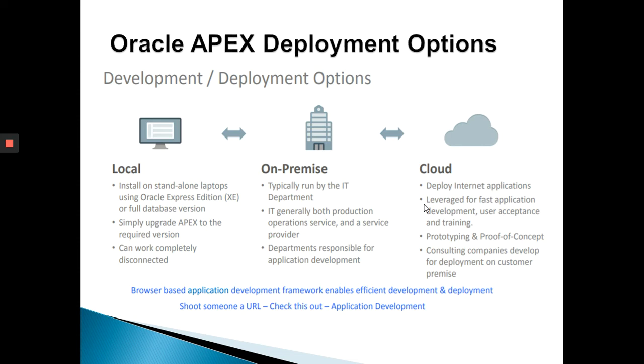So whenever you deploy or run your application from that cloud-based solution, the application that has been hosted on that machine, on that server, can be accessed from anywhere. So that is called a cloud-based solution. So basically you can access your application locally, on premises, or on the cloud.